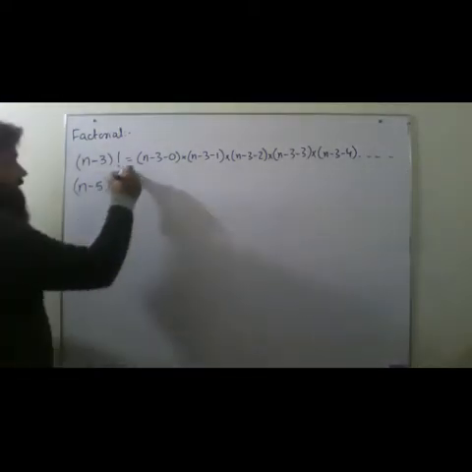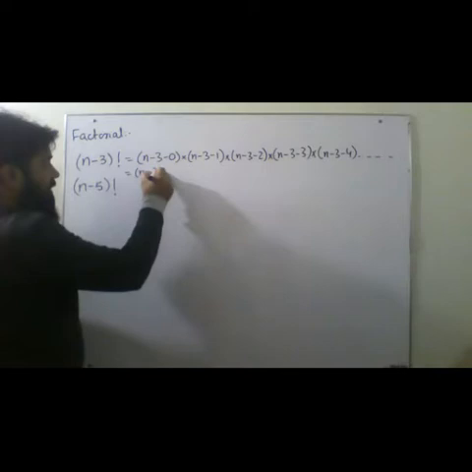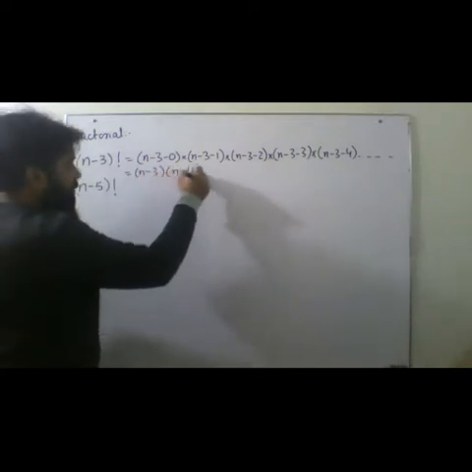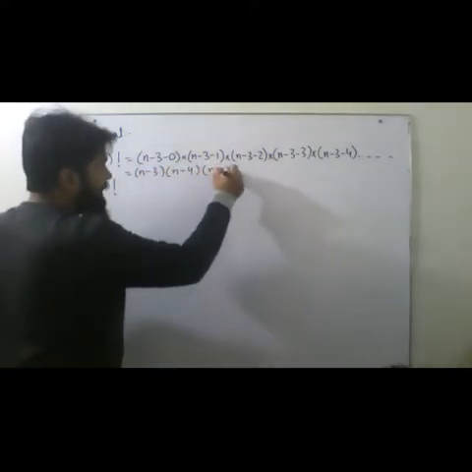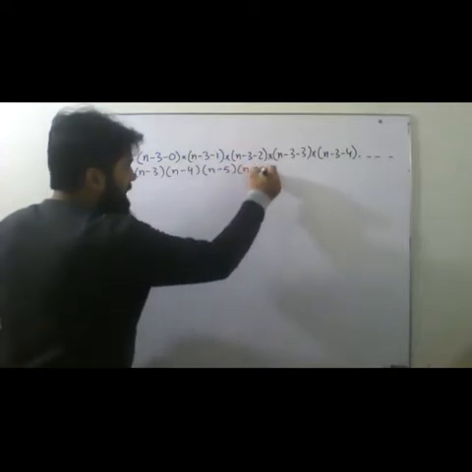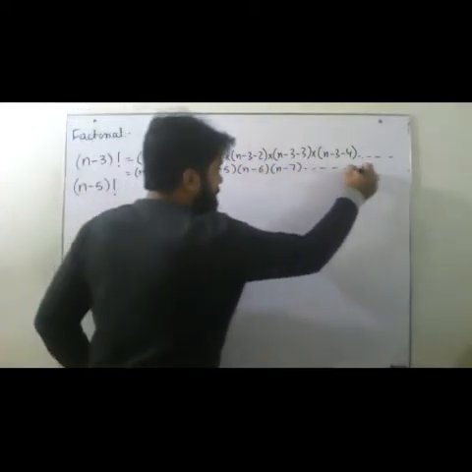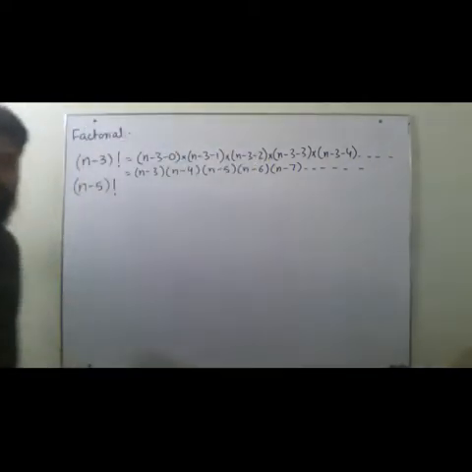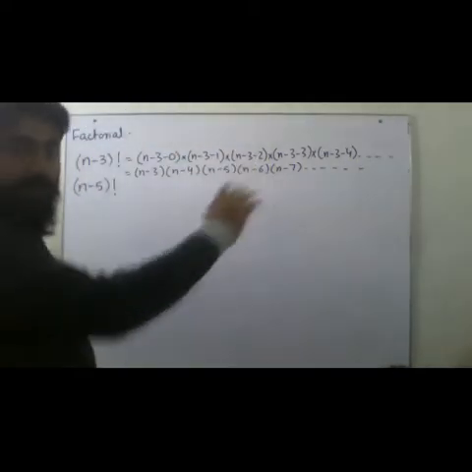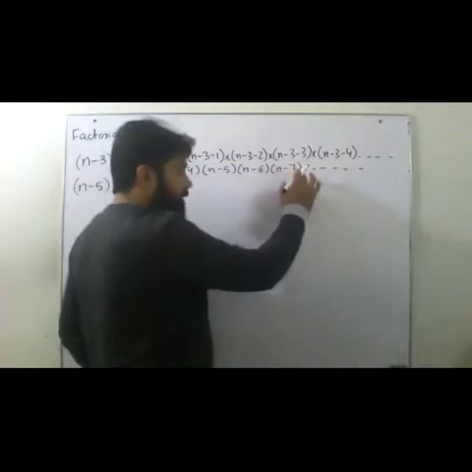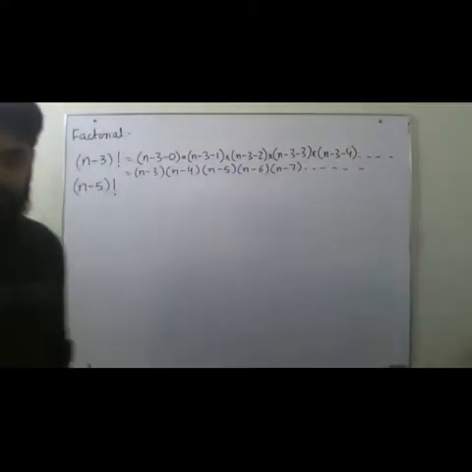Okay. So if I will simplify it, this will become n minus 3, n minus 4, n minus 5, n minus 6, n minus 7, and till the end. Okay. I can go till the end, or at any point I can stop over there and I can put factorial also over there. It's my choice.